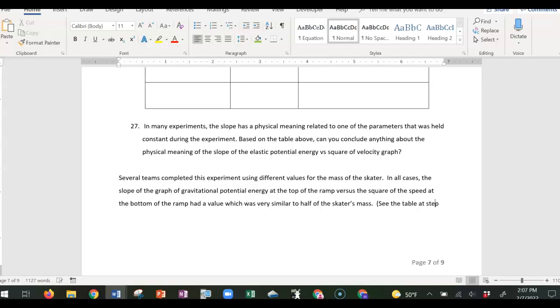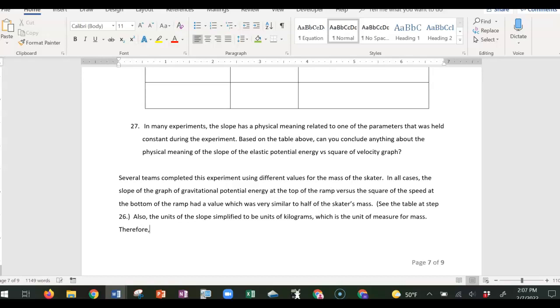And there's data for that at step 26, where we have that table summarizing it. But we have more evidence for this. Also the units of the slope simplified to be units of kilograms, which is the unit of measure for mass. So the units simplify to be the units that we would use to measure mass, and the value of the slope resembled half of the mass.